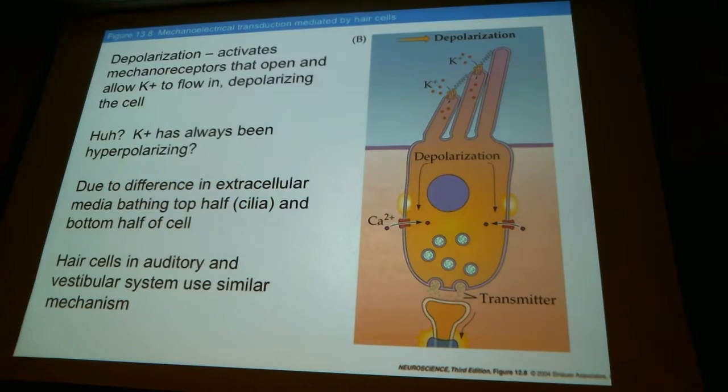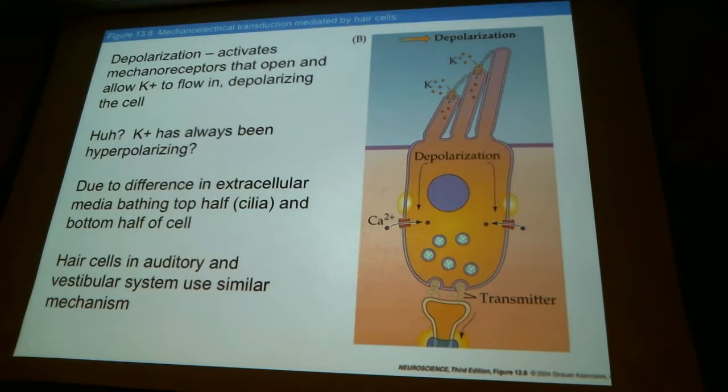It turns out that this is a highly specialized system in which the extracellular media bathing the top half, these stereocilia that are poking above this little line, is bathed in a high potassium endolymph.